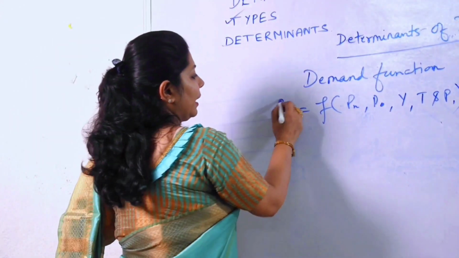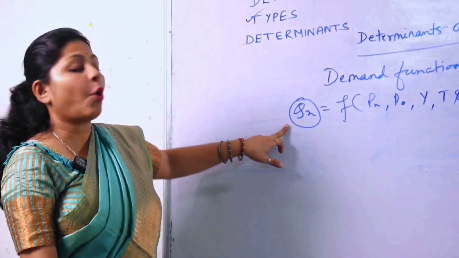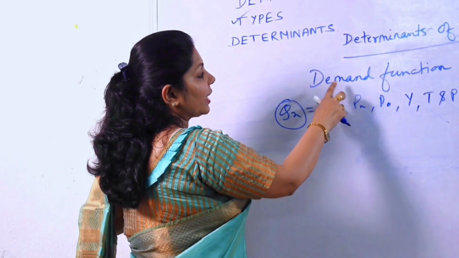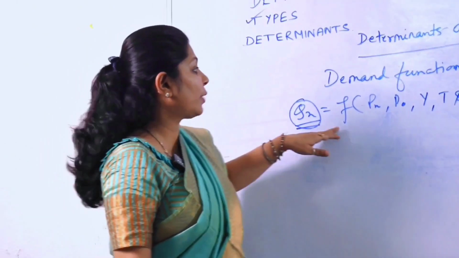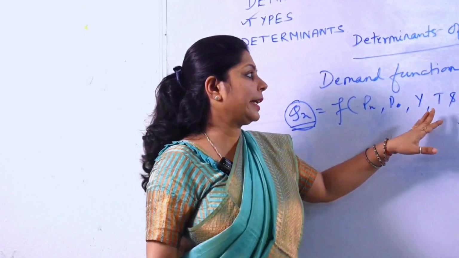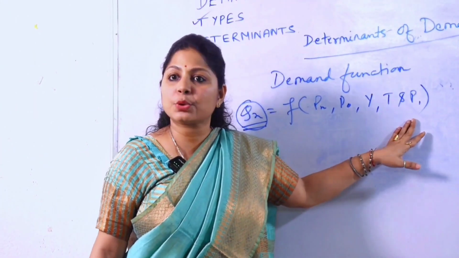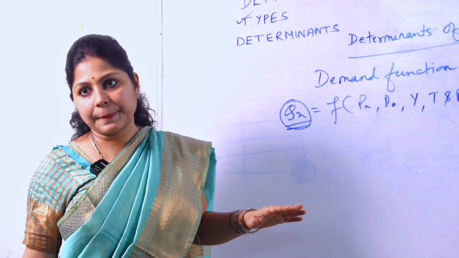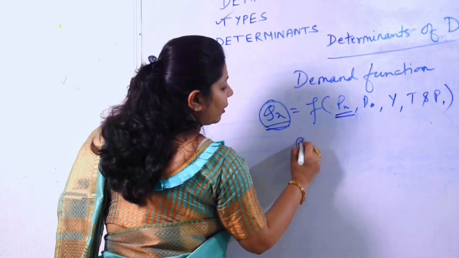As we said, price is the independent variable, whereas quantity is the dependent variable. So what is the demand function? Demand function is: the quantity demanded of commodity X is a function of the price of commodity X, price of related commodities, income of the consumer, taste and preference of the consumer, and so on. So this is basically the individual demand for the commodity.